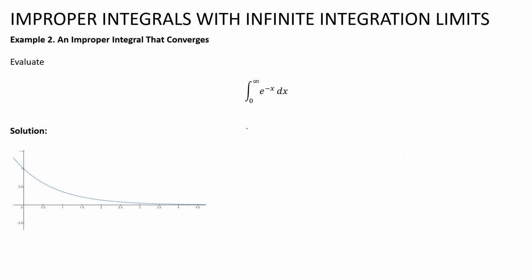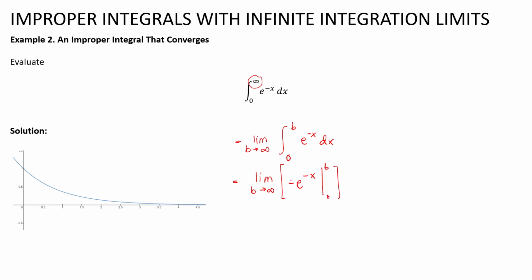Okay, so let's go to number 2. We still have the upper limit as the infinite limit. Taking out the infinite limit first, this becomes the limit as b approaches infinity of the integral from 0 to b of e to the power of negative x dx. Getting the integral, this becomes negative e to the power of negative x, and the limits of integration will be from 0 to b.